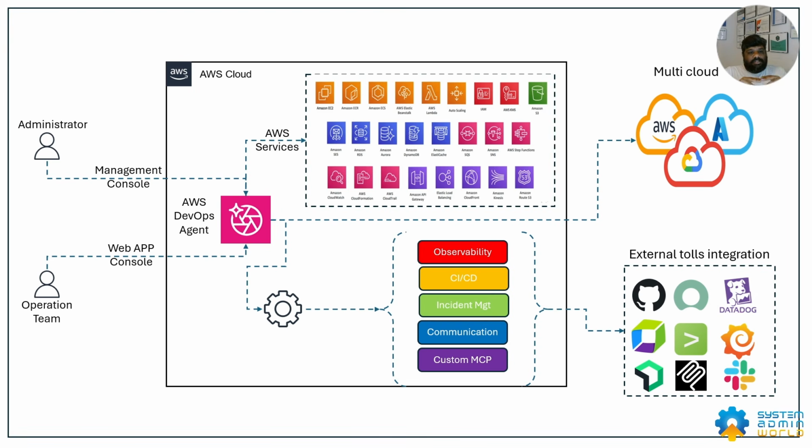Next, the second console is the web console, which is used by the operations team to monitor all the resolutions and alerts, and to interact with this service. It gives you a chatbot where you can supply your prompt to resolve issues.